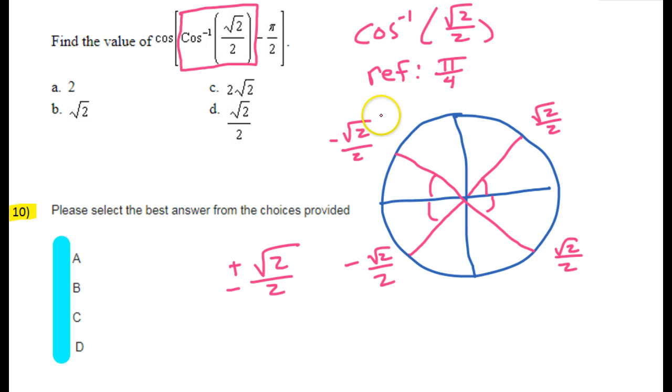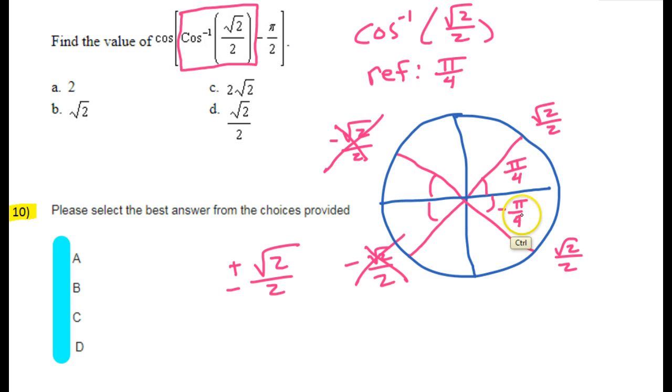So we can ignore these two angles. However, that still leaves two angles, all right? We've got pi over 4 and negative pi over 4. Okay? Both of these angles have a cosine of radical 2 over 2.